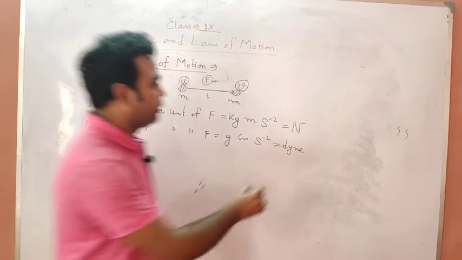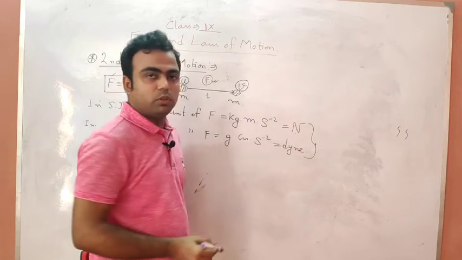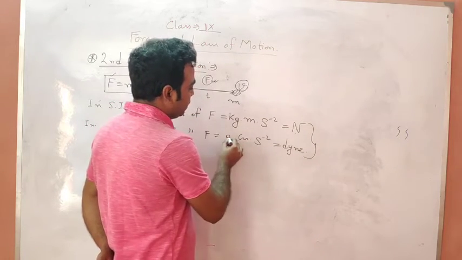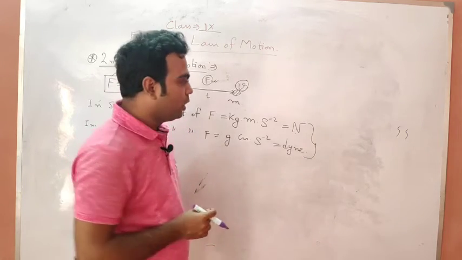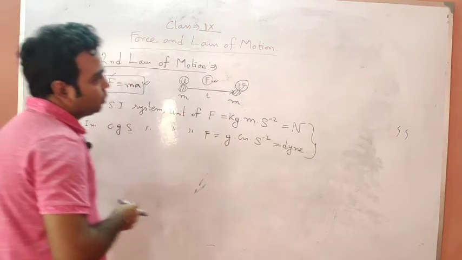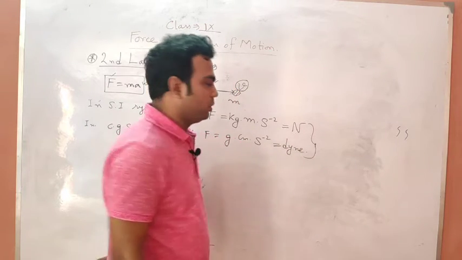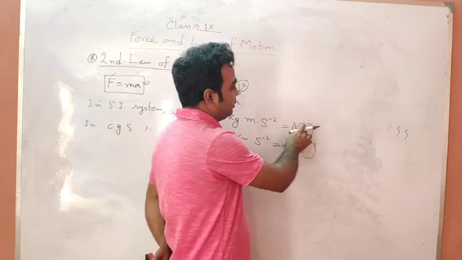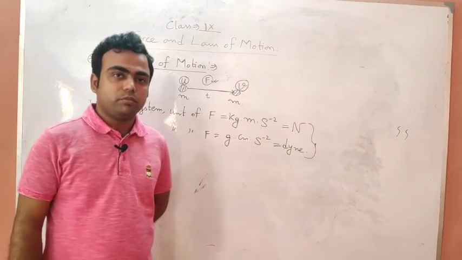Okay, these are the short names. That is, Newton means kg meter second to the power minus 2 and dyne means gram centimeter second to the power minus 2. So we get two units of force. In the SI system it is Newton and in the CGS system it is dyne.